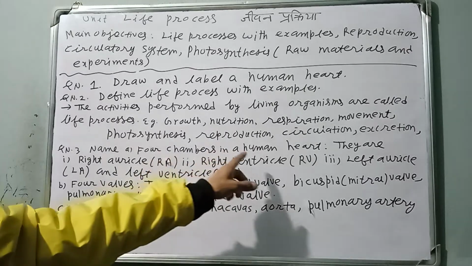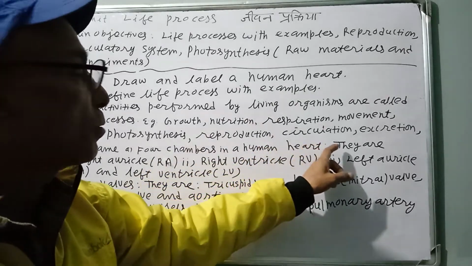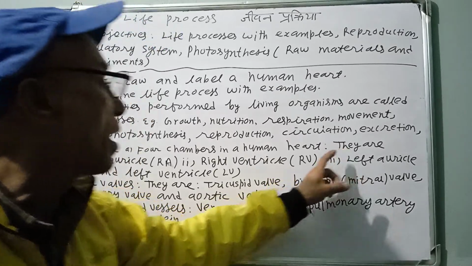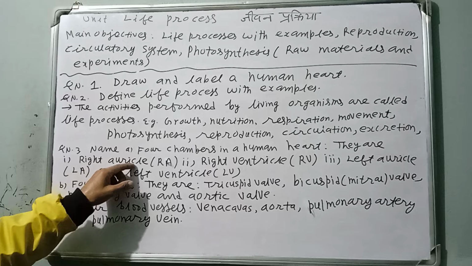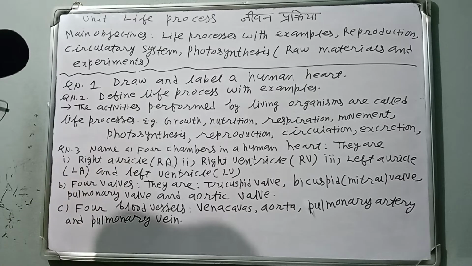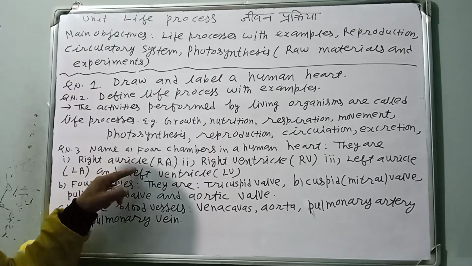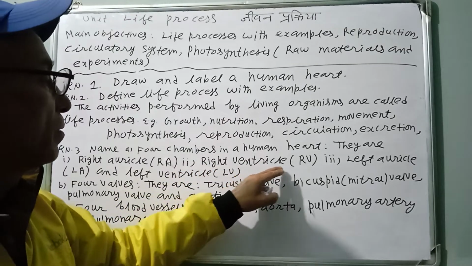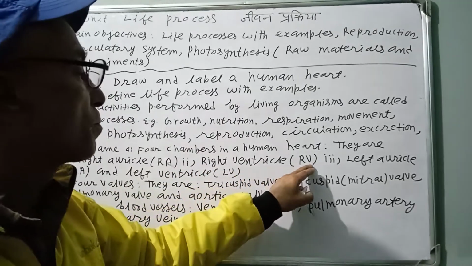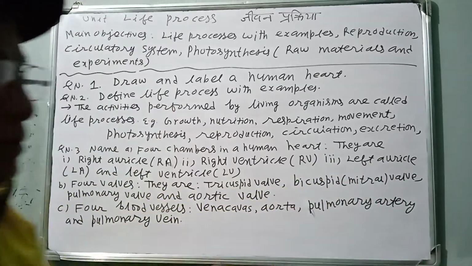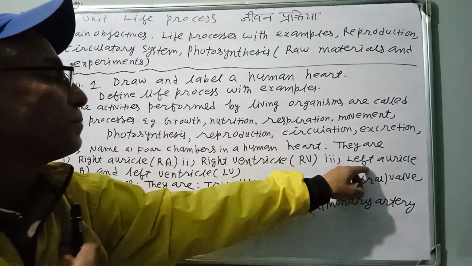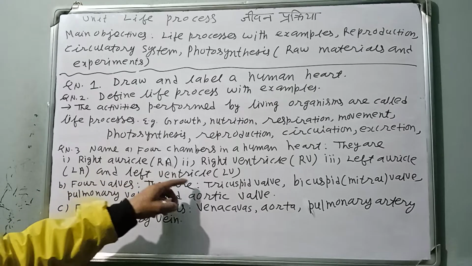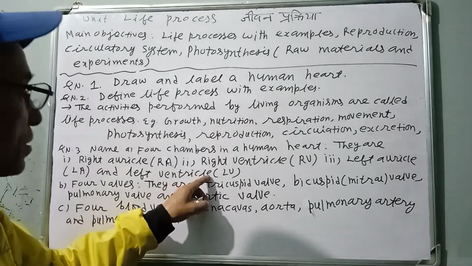The four chambers in the human circulatory system, which are found in the heart, are right auricle, right side, upper part; right ventricle, right side but lower chamber; left auricle, left side, upper chamber; and left ventricle, left side, lower chamber.